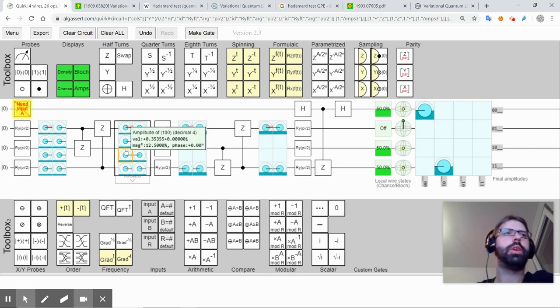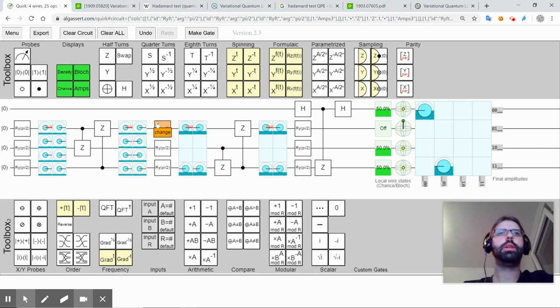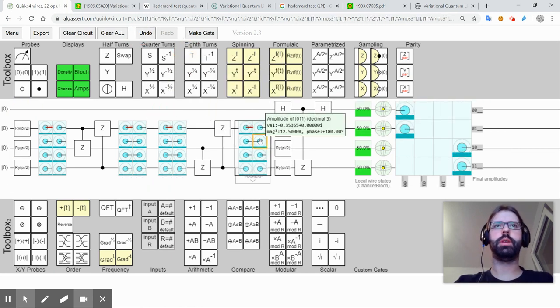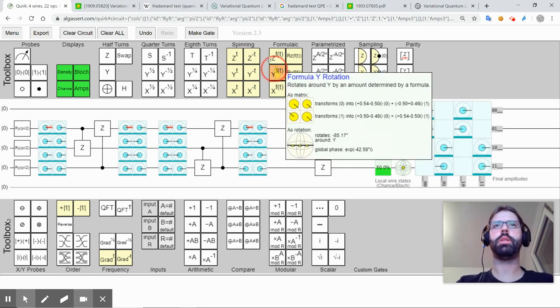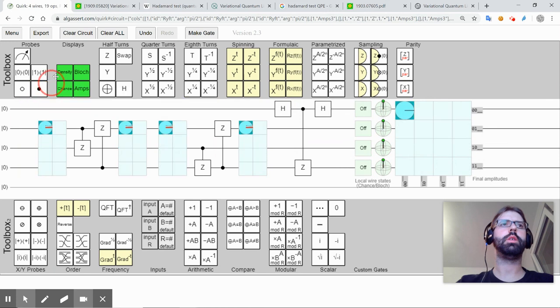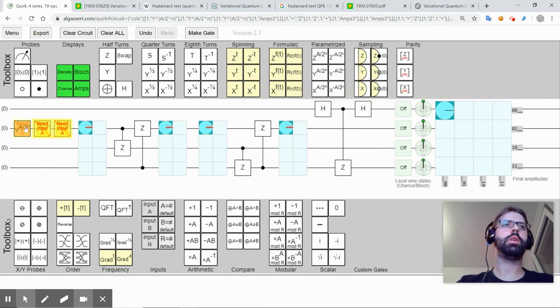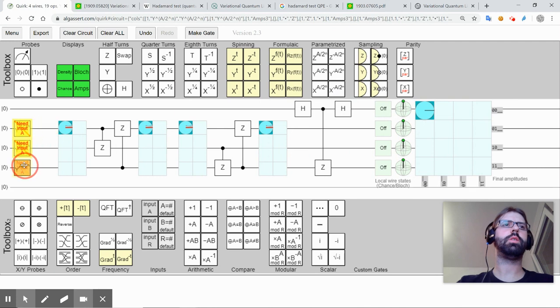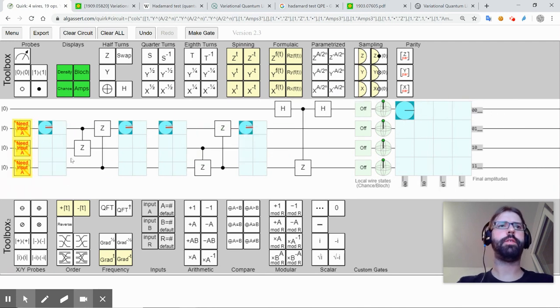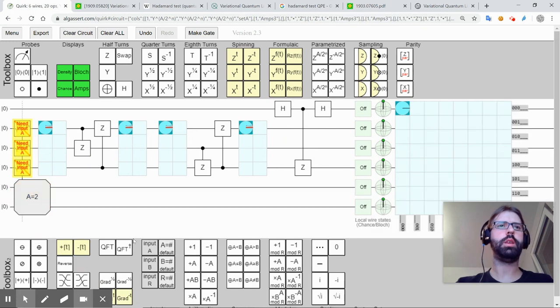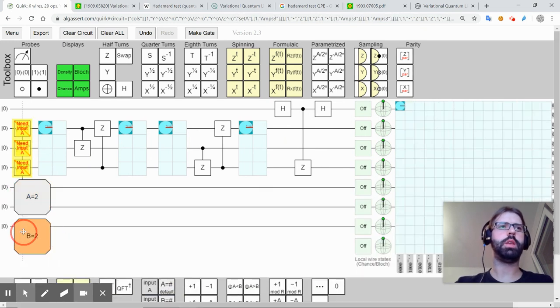I think I can use those gates. Let me play with something. So no, I keep the hardware. Trash these. So I want to use these, and I want to have an A here and a B here.